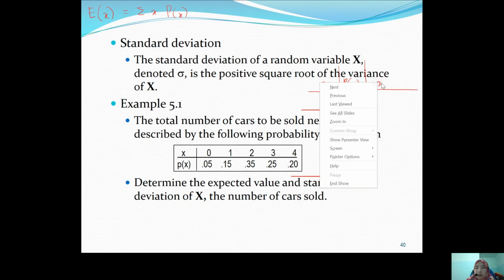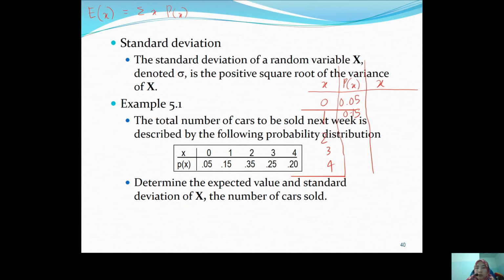Okay, so this is the column where we multiply the values of X and P(X). Here we have 0, which is 0 times 0.05. Next, we have 0.15. Okay, next we have 0.7. So this is 0.75.